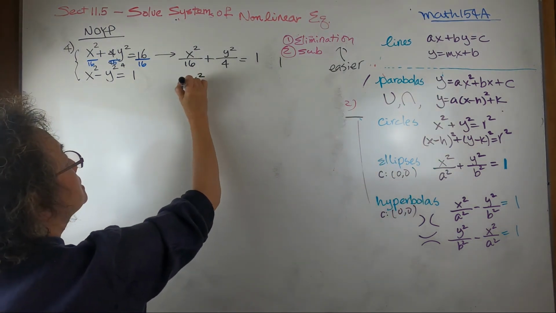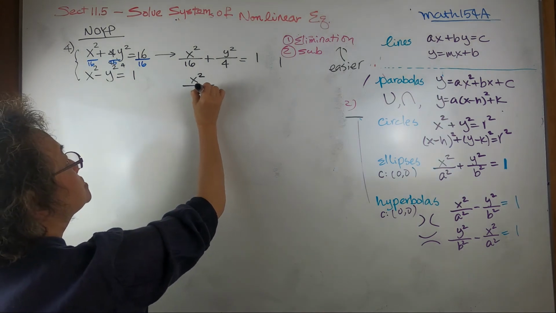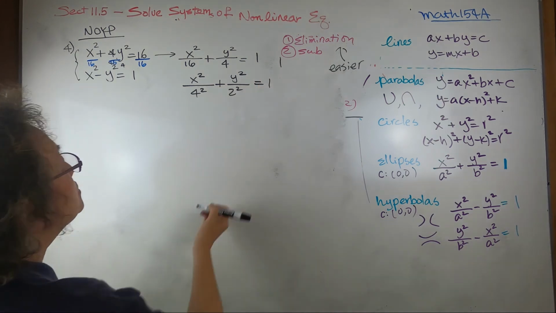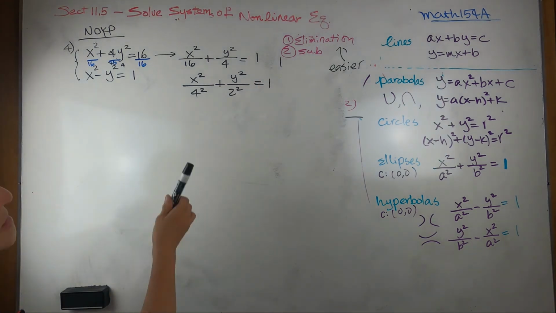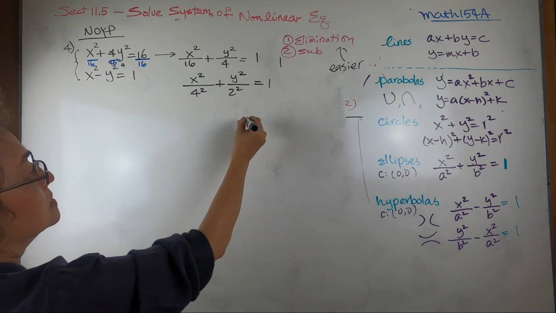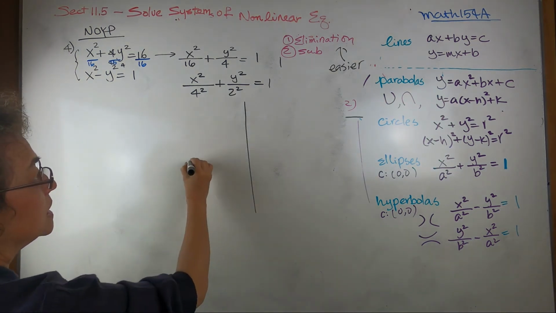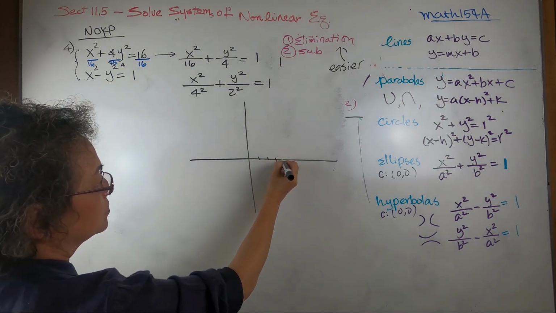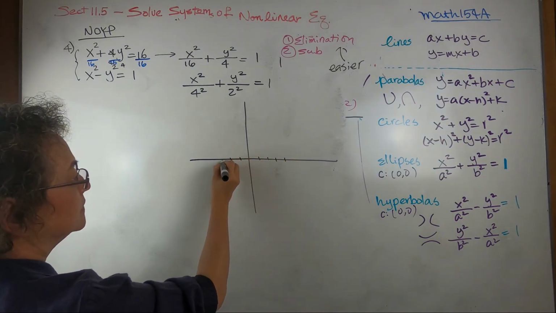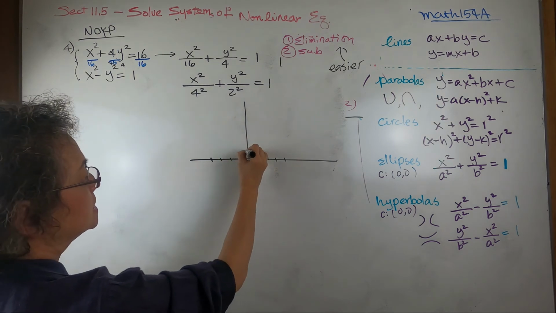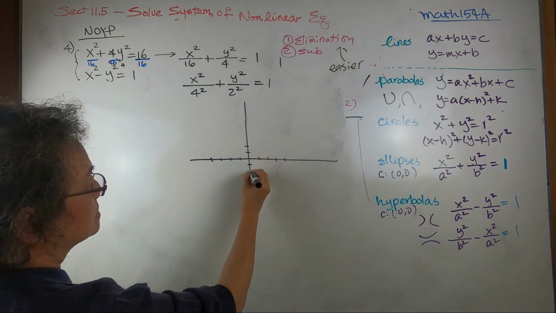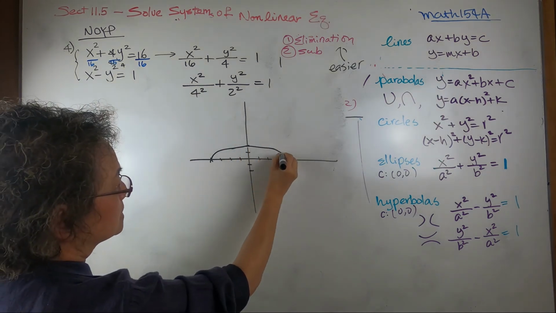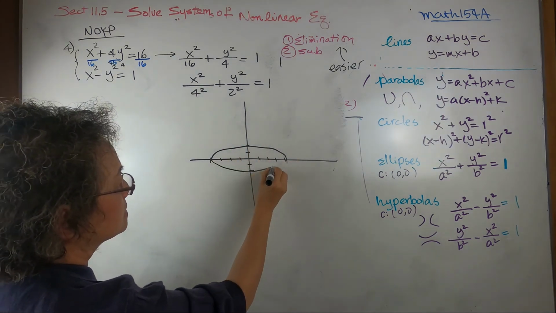That would be x squared over 4 squared plus y squared over 2 squared equals 1. So it is an ellipse. Let's see how it looks. So x is 2, 3, 4. A is 4, b is 2. So our ellipse will look like this. Right?